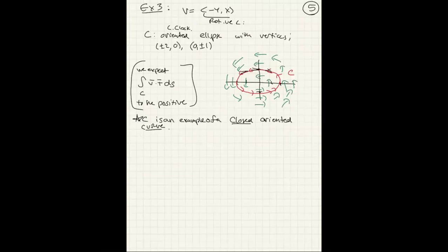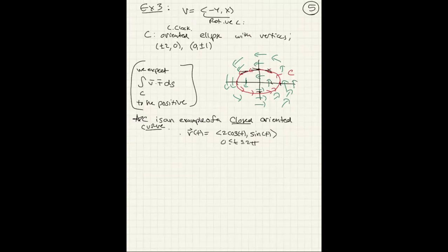All right, so I'll tell you the parameterization really quick. It's going to look like a sine cosine business, but I want it to be thicker in the x direction, so I literally just multiply my x component by 2. So my r of t is going to be 2 cosine of t, comma sine of t, and t is going to go from 0 to 2 pi.